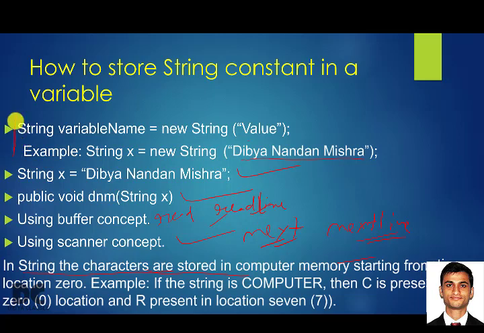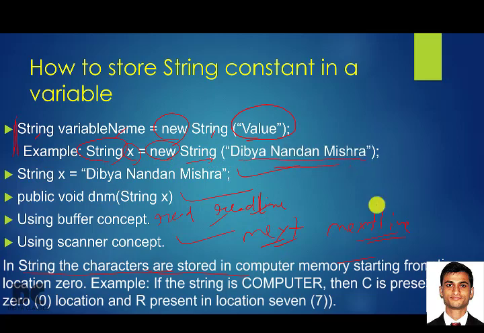The new thing is this one, that is to create an object and then store a string. So the syntax is String variable name. The new keyword is used to create the object and then String, and within brackets you have to write the value. Example, String variable name is x, new you have to write to create an object, then String, then within brackets you have to store the string constant.